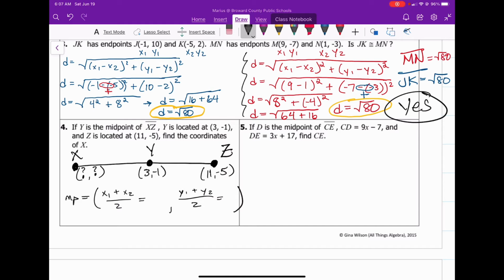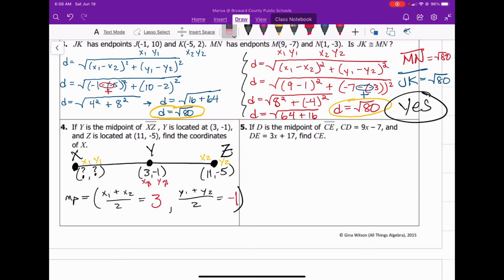Here's our x midpoint, and here's our y midpoint. So this would be 3, and this would be negative 1. Now, we don't have an x1 and a y1, but we do have an x2 and a y2.